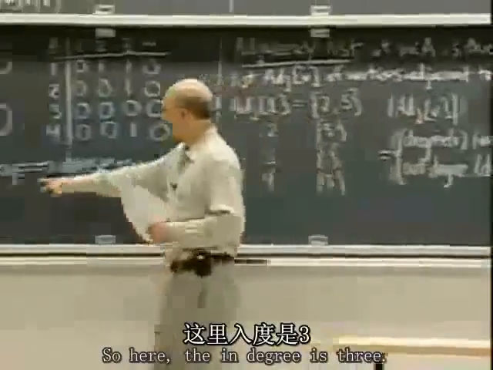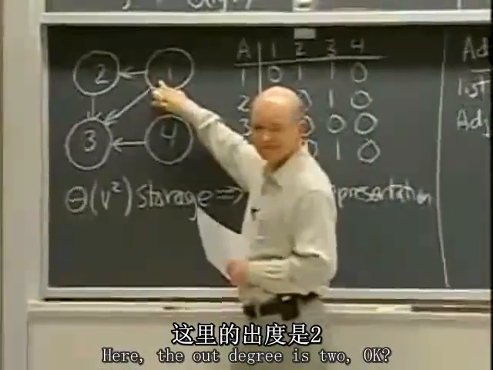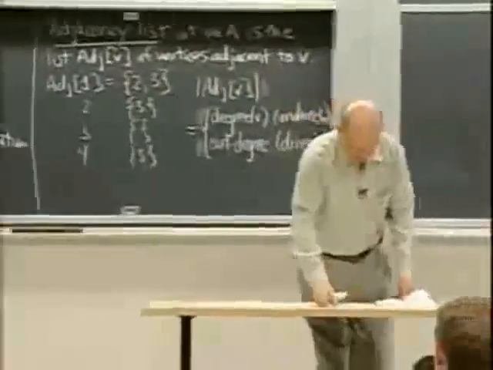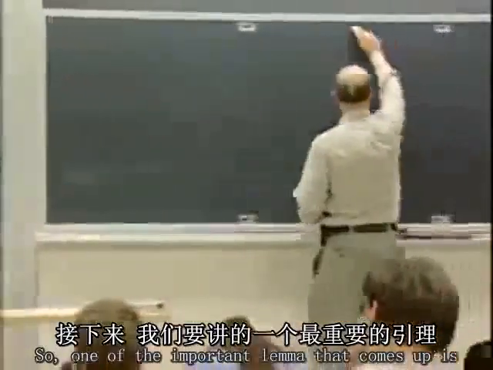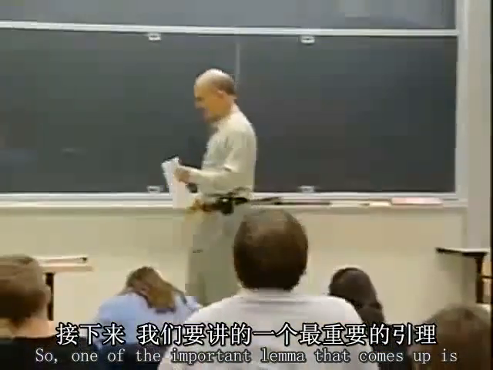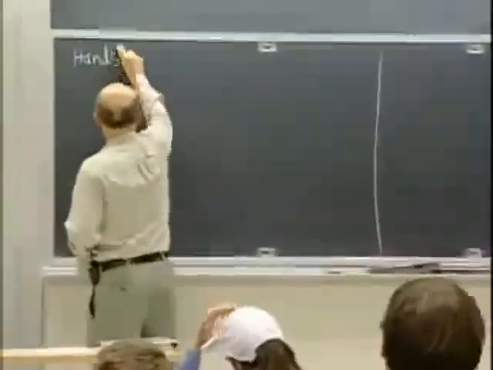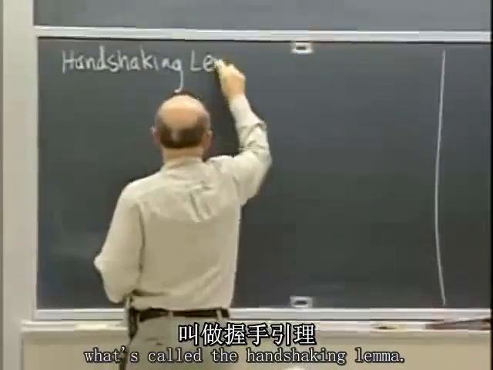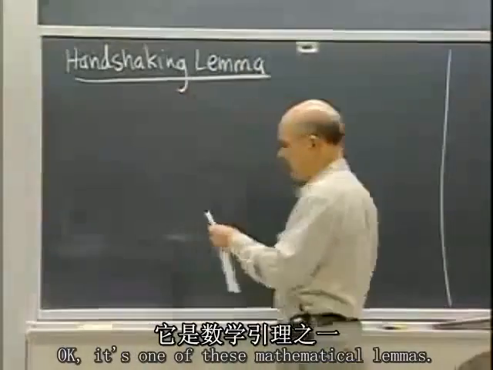So here the in degree is 3, here the out degree is 2. So one of the important lemmas that comes up is what's called the handshaking lemma. It's one of these mathematical lemmas.